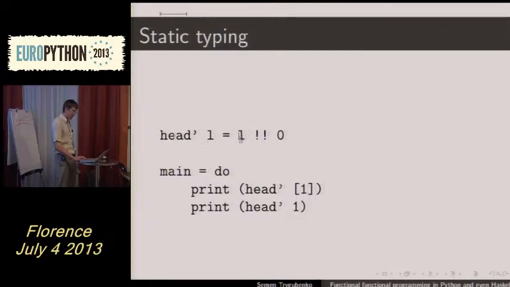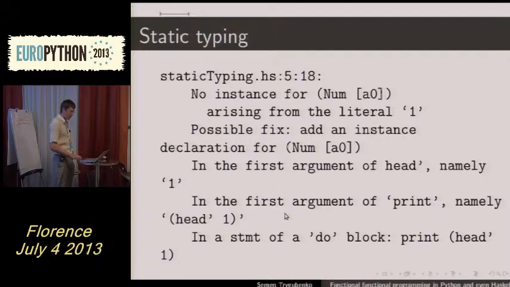So it takes a list. There's the index operator. It returns the first element of the list, and so this second statement is similarly problematic. And so we would get a compile time error rather than a runtime error here, with a somewhat more cryptic message, but if you spend some time in Haskell, this actually makes sense.